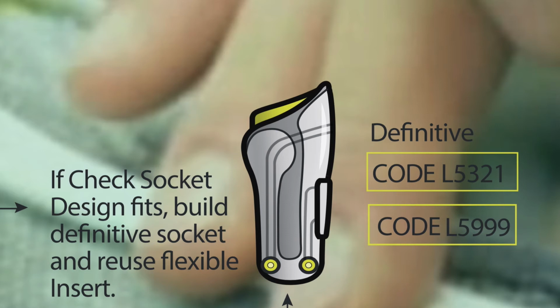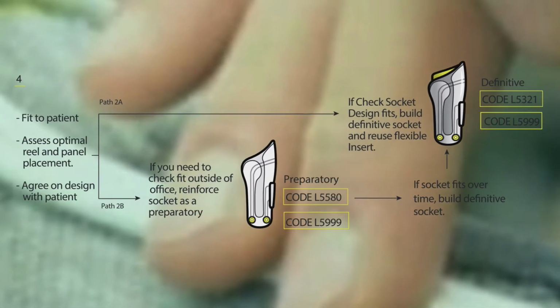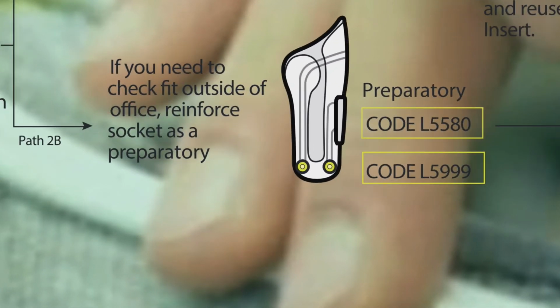If you need or want to test the socket over time outside of the office, path 2B, then significantly reinforce the check socket base with fiberglass. Attach the necessary hardware and deliver it as a preparatory socket. Use code L5580 and the optional L5999 code.